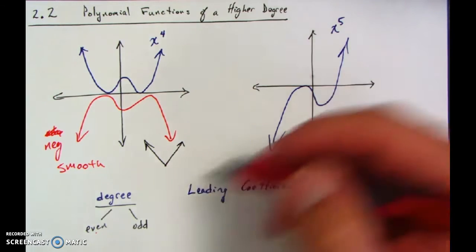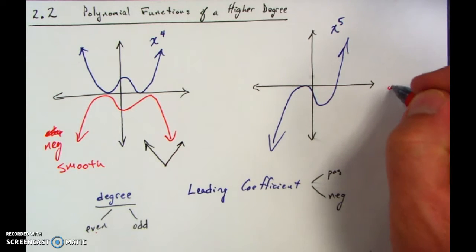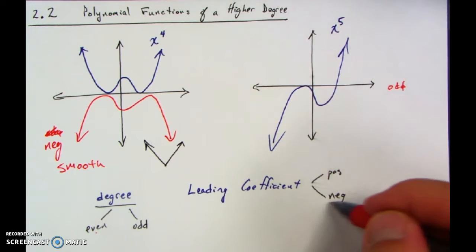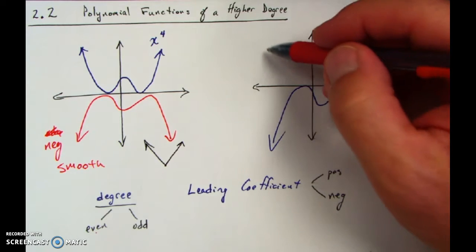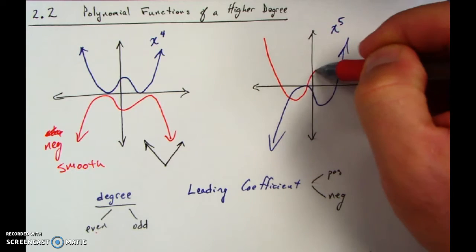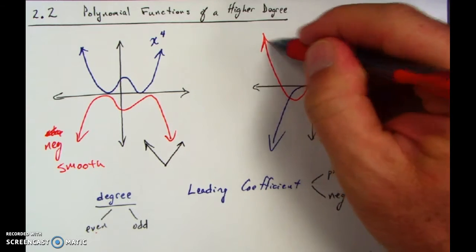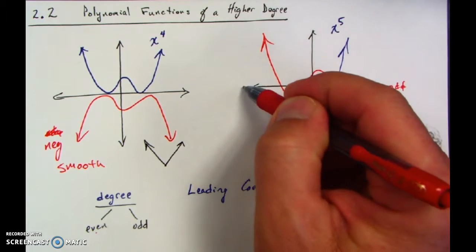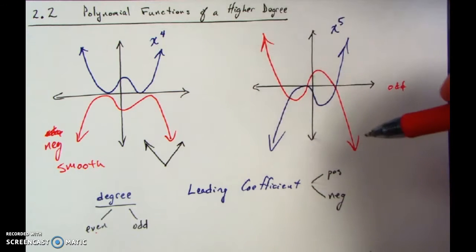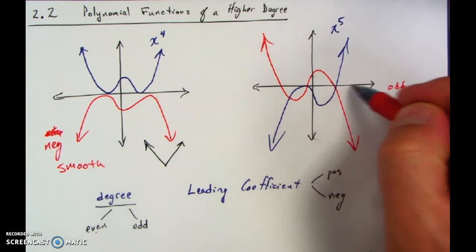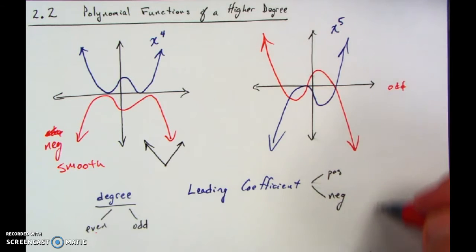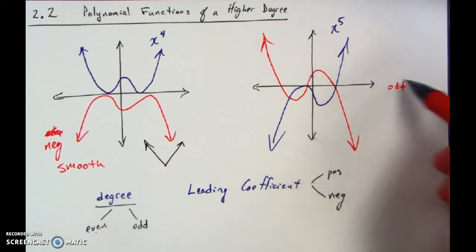If we're talking about an odd degree, and again, if I have that negative leading coefficient, now we're going to come across this direction, where, again, now as x is approaching negative infinity, y is approaching positive infinity. As x approaches positive infinity, y is approaching negative infinity. So with an odd function, they would be opposite one another.